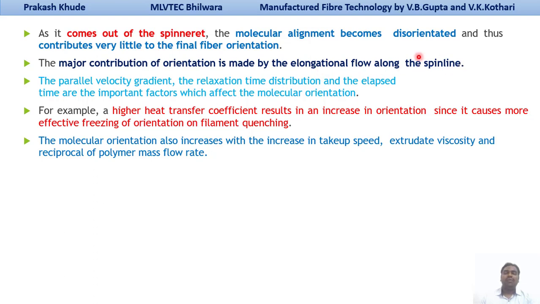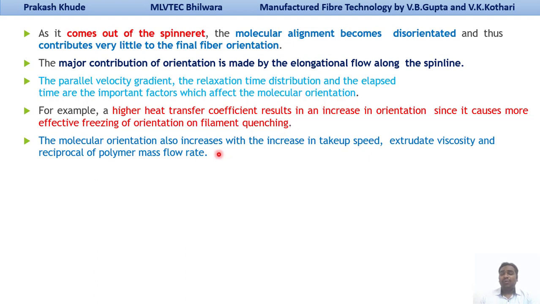How the molecular chains are oriented is due to the elongation flow along the spin line, and the parallel velocity gradient, the relaxation time distribution and the elapsed time are much more important factors affecting molecular orientation. For example, a higher heat transfer coefficient results in increased orientation, since it causes more effective freezing of the orientation on final quenching.